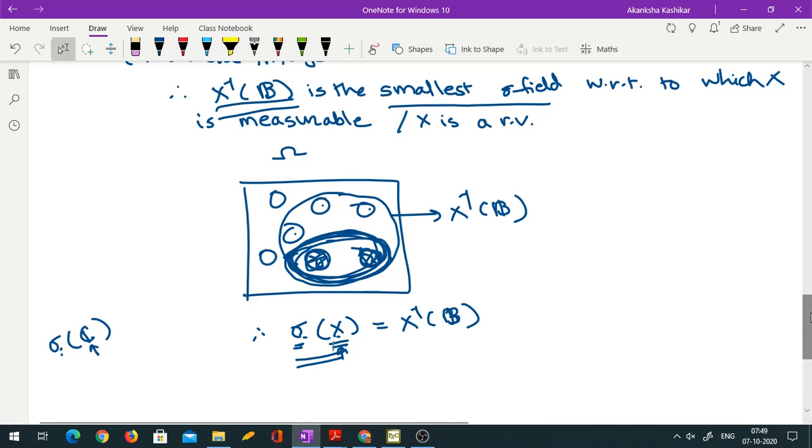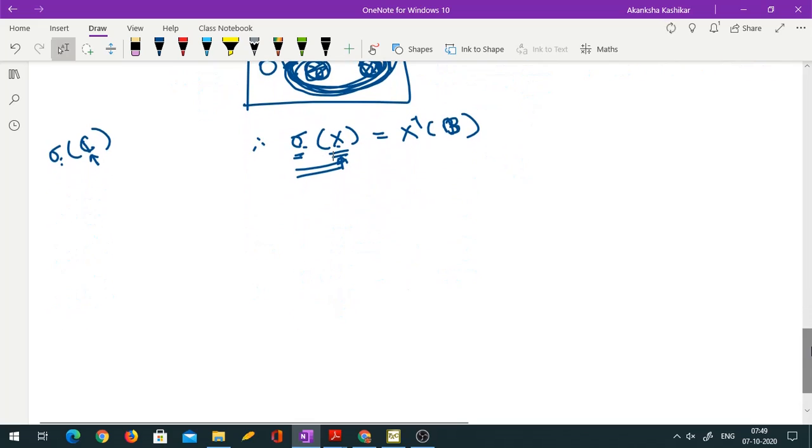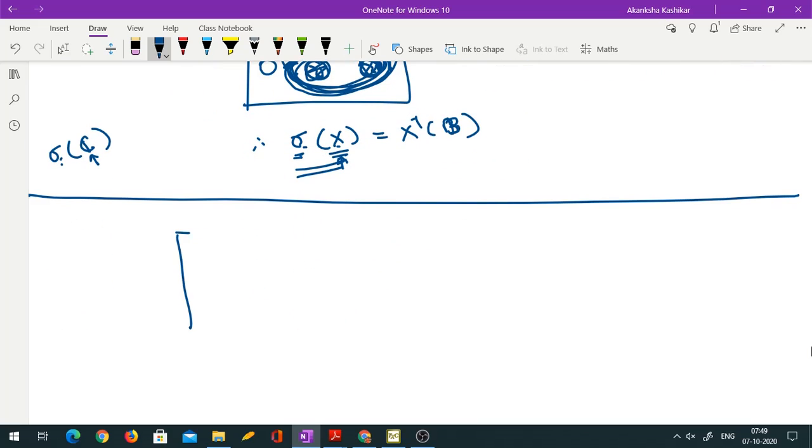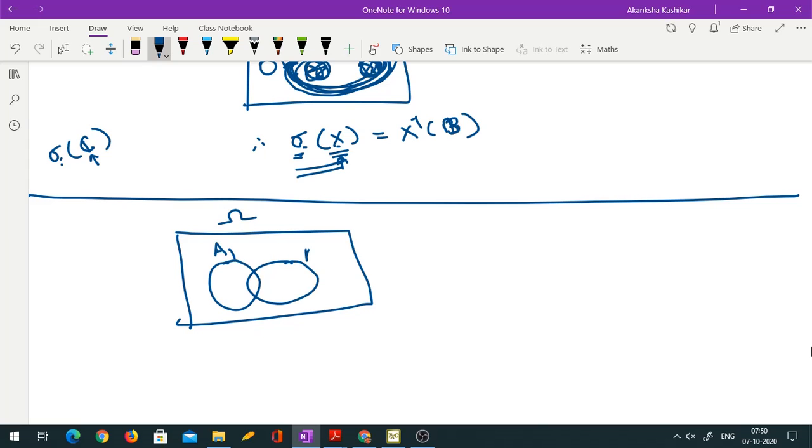Is it okay? So let me take another example. Suppose I have this omega, I have A1 as one subset of omega, A2 as another subset of omega. Let me define X as, say, 10 over all these points. So X takes value 10 if omega is in A1.